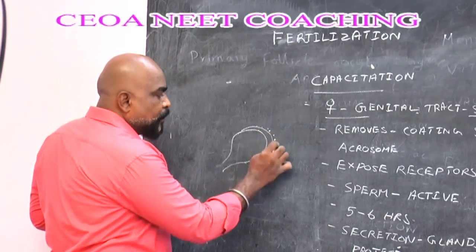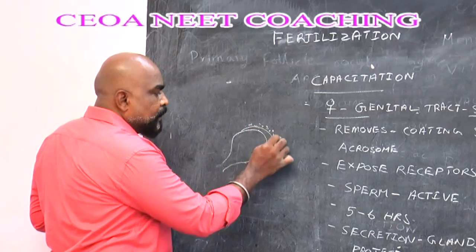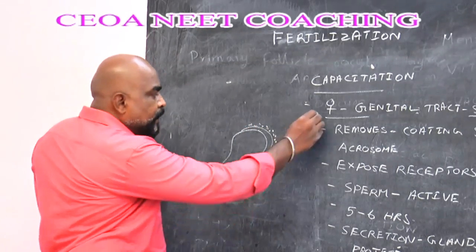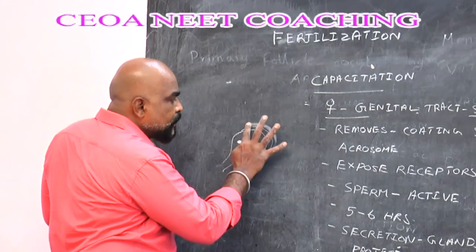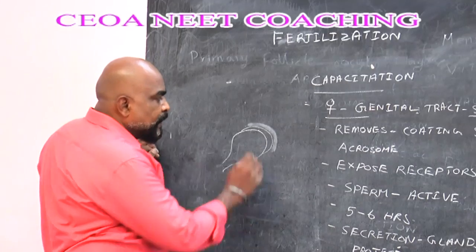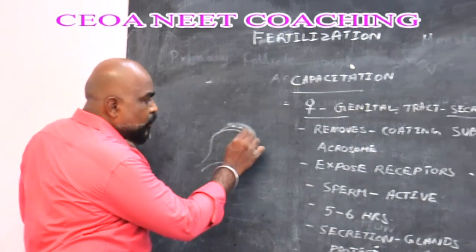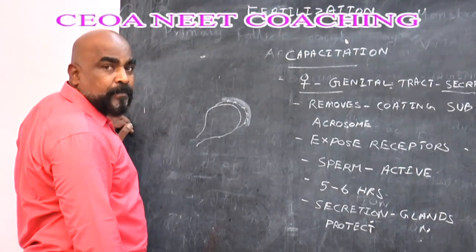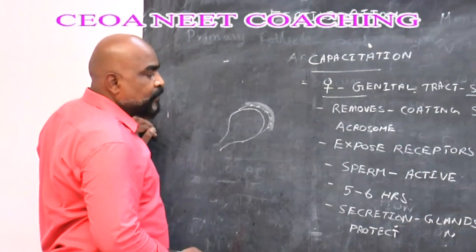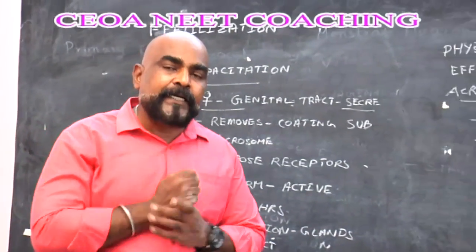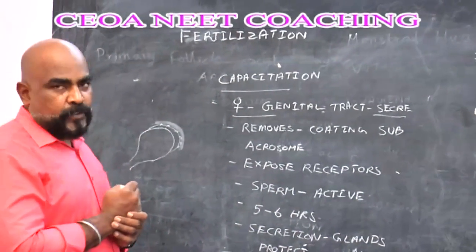There will be some deposits over the acrosome. These secretions remove these coatings. Because of this, the receptors in the acrosome are now exposed. So the sperm becomes active and swims faster. It will be able to penetrate the secondary oocyte.